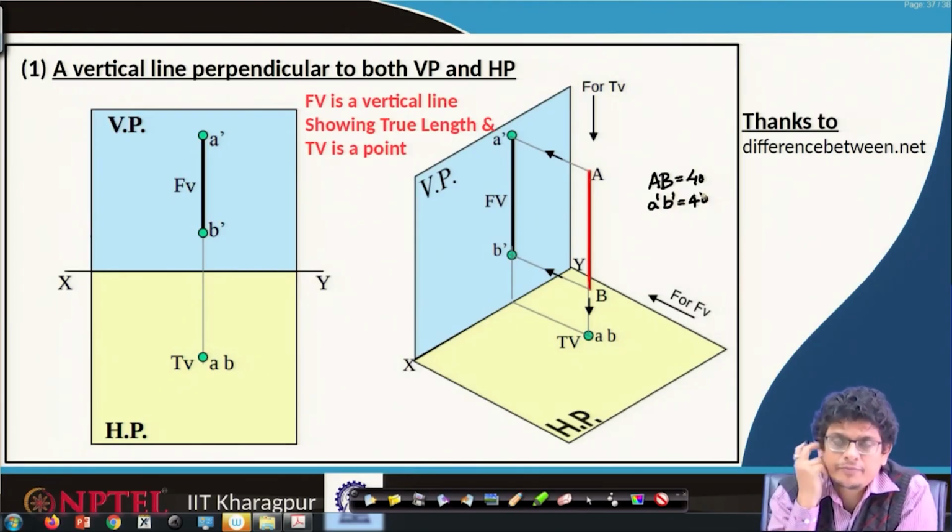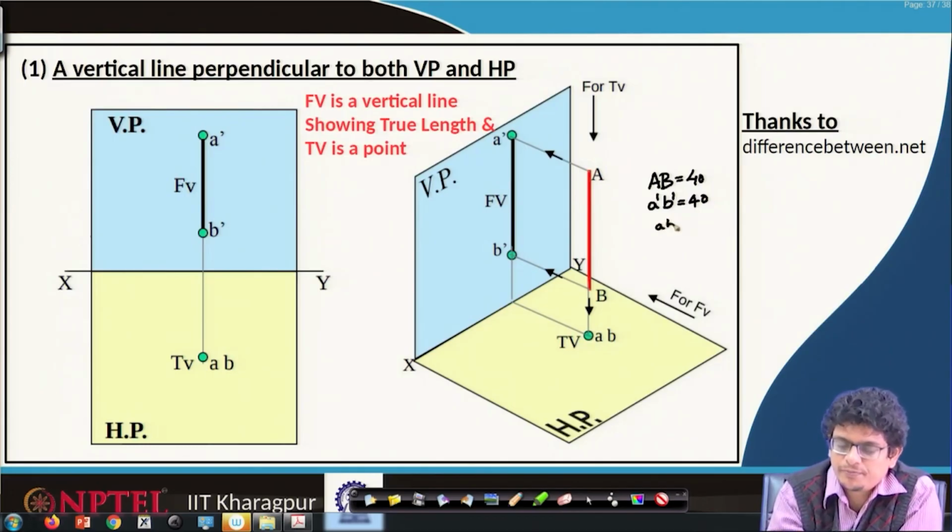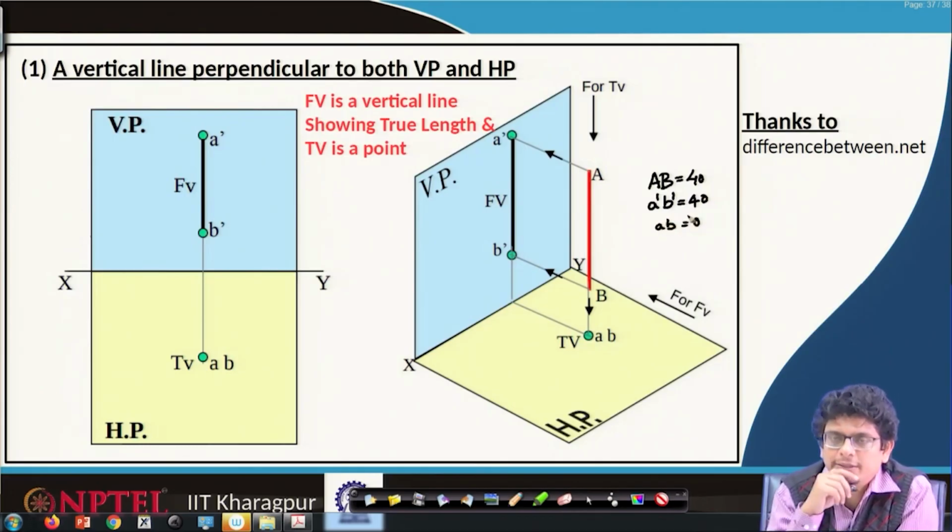This is what you call true length. The apparent length of this AB on the horizontal plane when we are projecting will be 0. This is not true length.